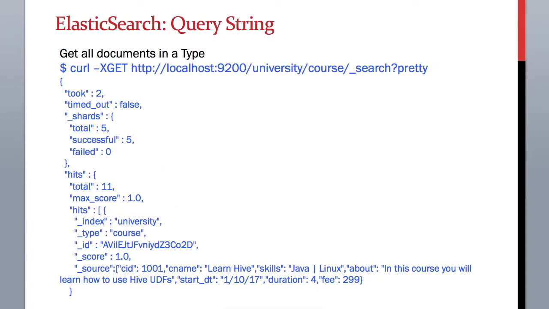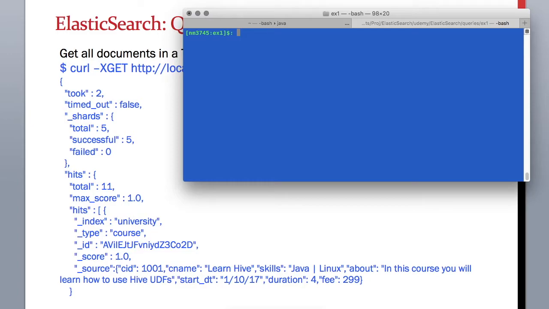So let's bring up the terminal. We want to pull all records from our index university and type course, and this is a get command. So our index is university and type is course, and we are doing a search and we want the result in pretty format.